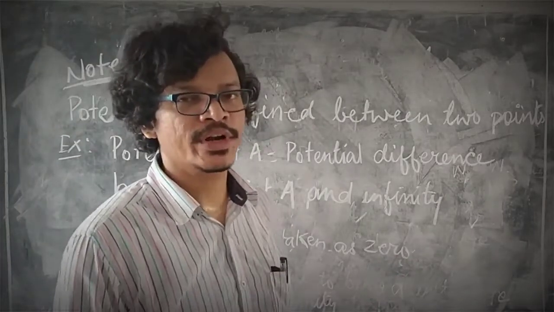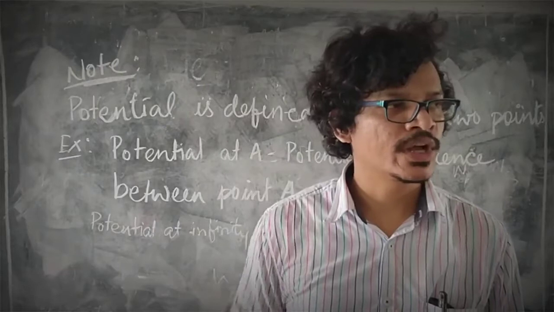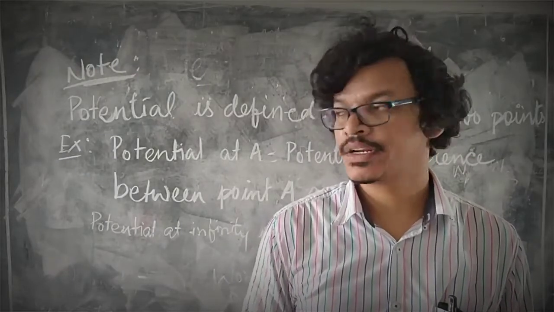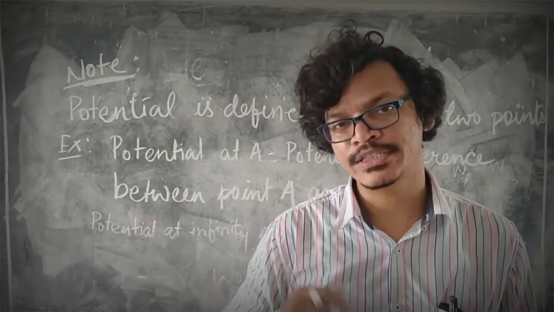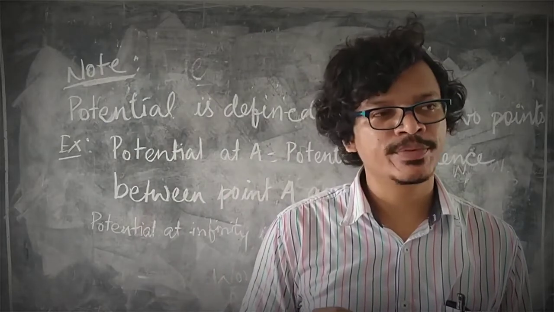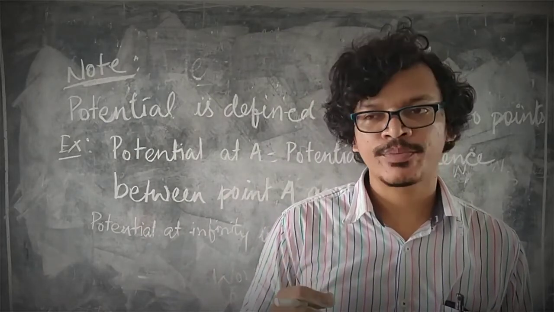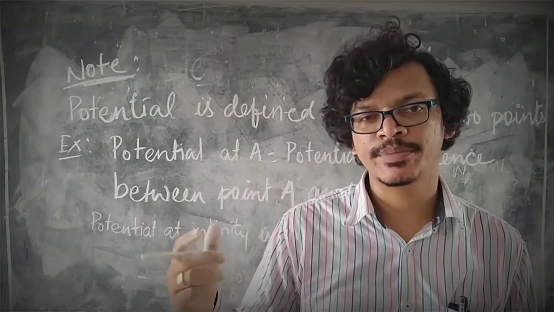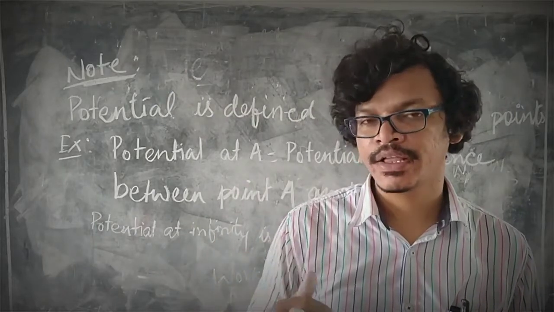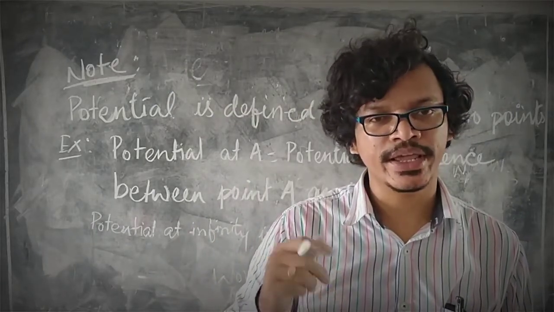So we define potential between 2 points only. If nothing is given, then it is understood that the second point is infinity. So the potential difference between the 2 points A and infinity is termed as potential at A.